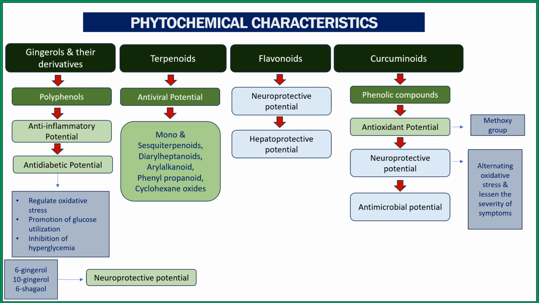It is reported that the presence of the methoxy group is responsible for the antioxidant activity. Again, these curcuminoids can alter oxidative stress and lessen the severity of neurodegenerative diseases, because of which they act as neuroprotective agents.